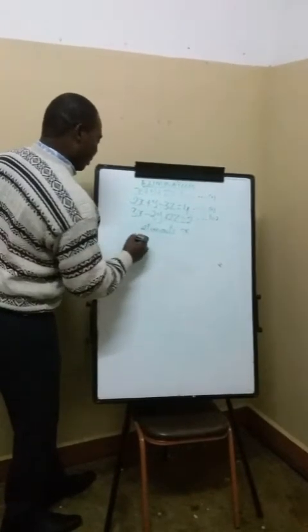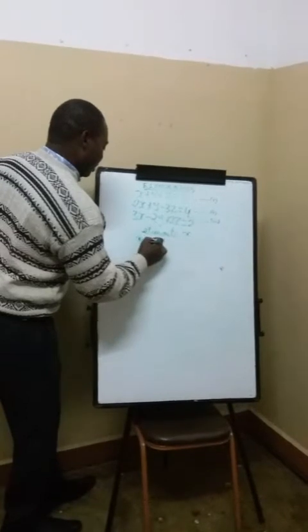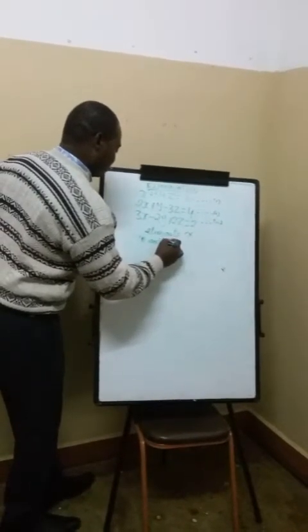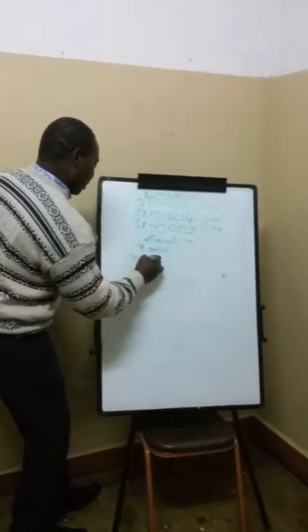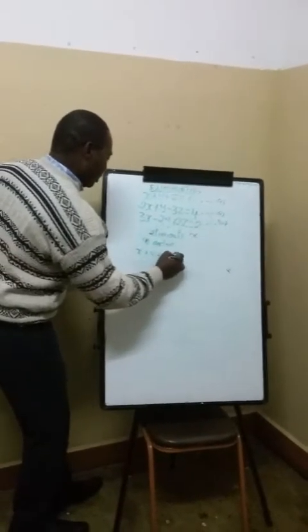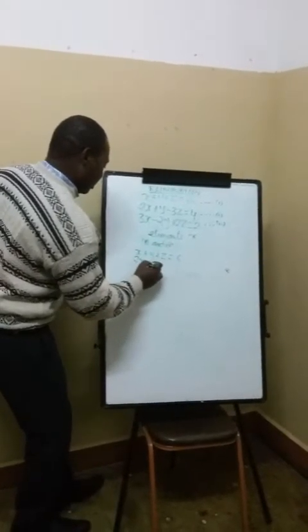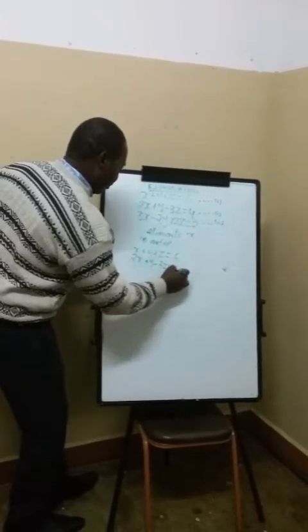We are going to start with equation 1 and equation 2. In equation 1, we have x plus y plus z equal to 6. Equation 2, 2x plus y minus 3z is equal to 4.